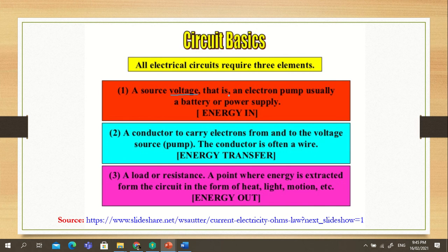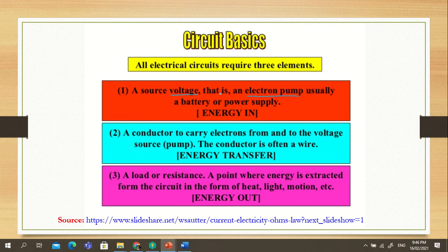A voltage source is an electron pump. It will push the electrons or the charges so that there will be a flow of electrons. The flow of electrons is what we call electricity or current.